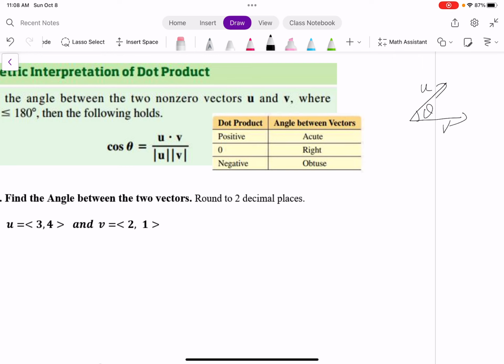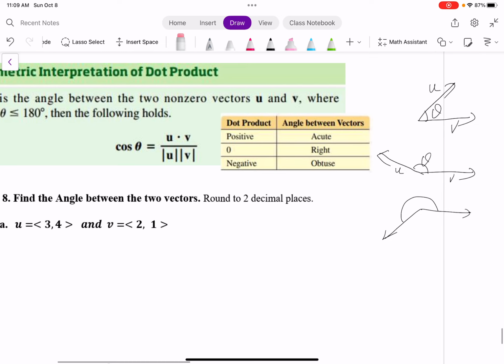So the theta could be acute angle or obtuse angle. Could be like this, v and u. So can I have the angle that is more than 180? No, we will not do this.